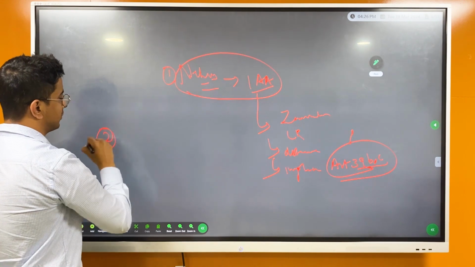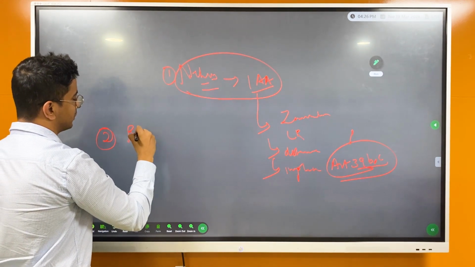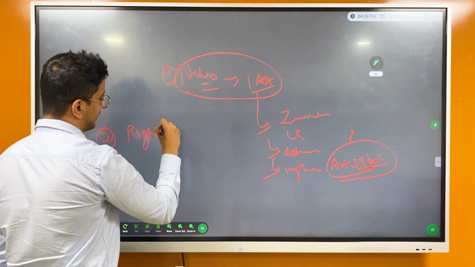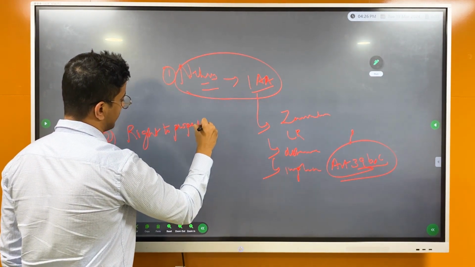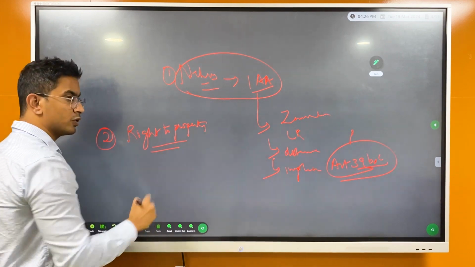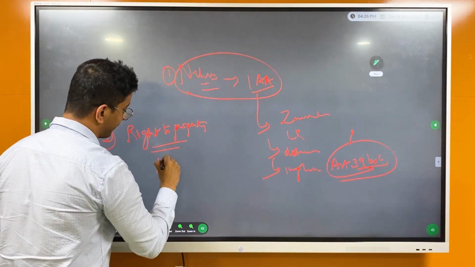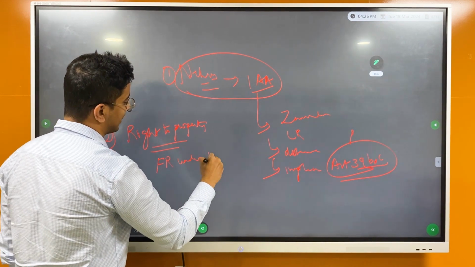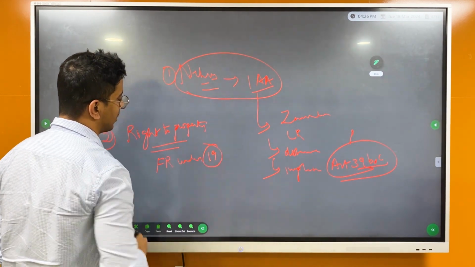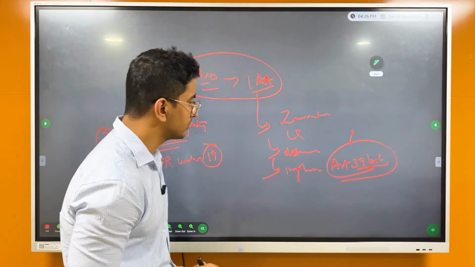The second thing was right to property. This was a fundamental right under Article 19. So what was the issue?